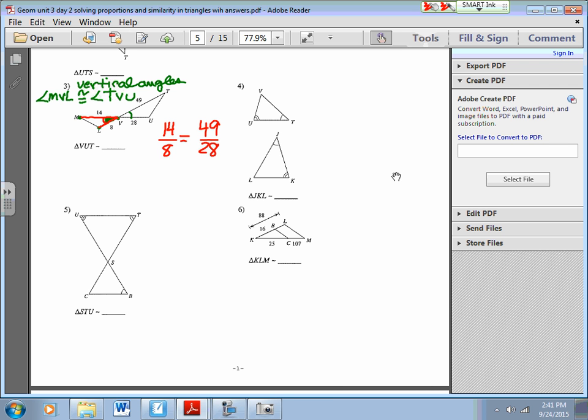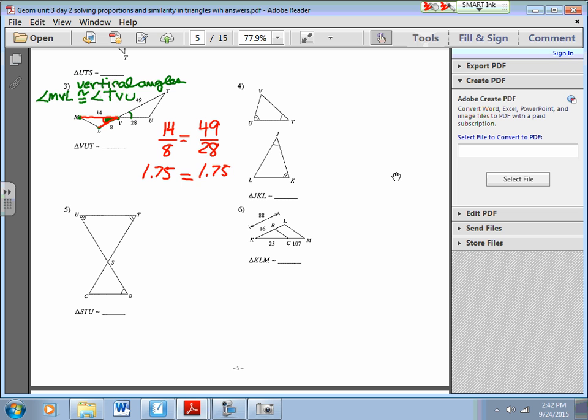You can either cross multiply or just divide it out. What's 14 divided by 8? 1.75? And what's 49 divided by 28? Same thing? All right, can everybody verify that? Is that right? 1.75? All right.